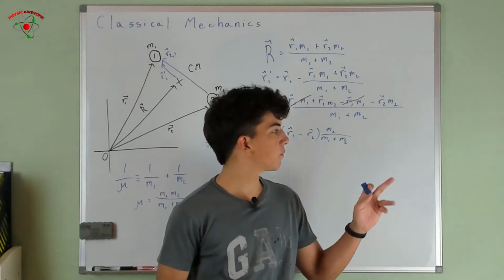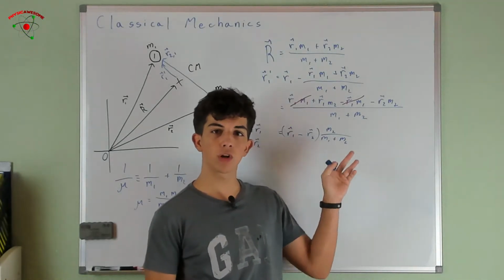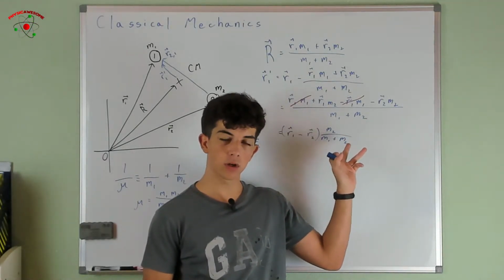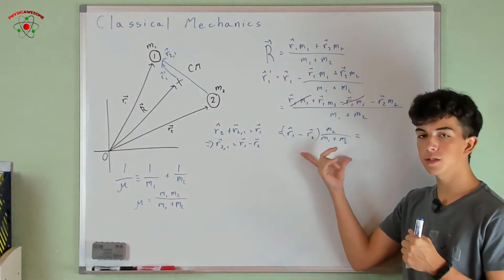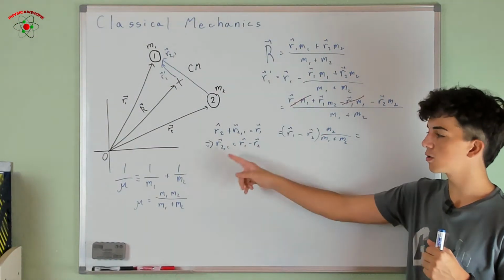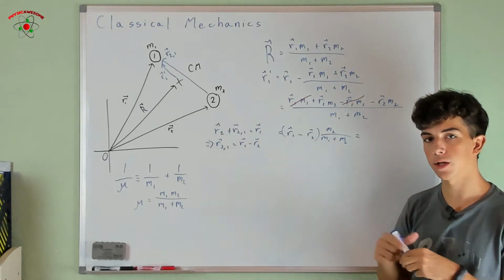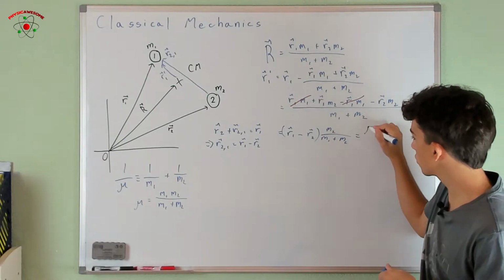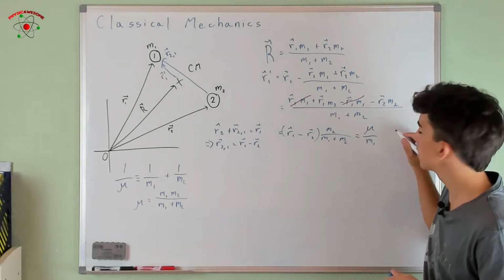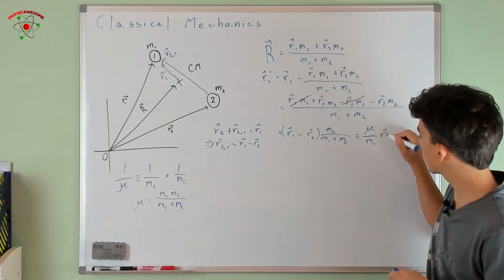And we see that we have a pretty similar situation here. We're just missing an M1 factor. So we're going to express this quantity in terms of our R21 and our reduced mass over there and M1. So we get mu over M1 times R21.